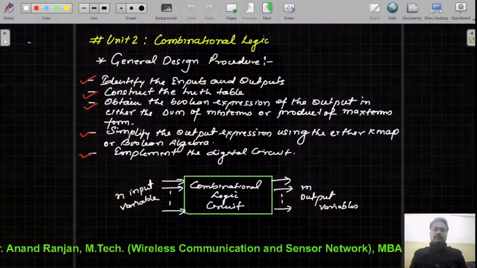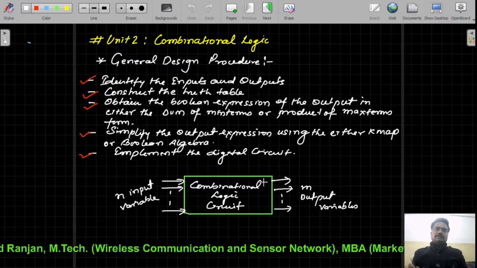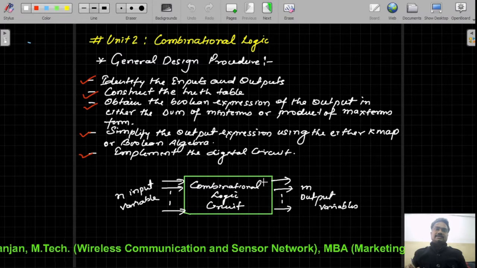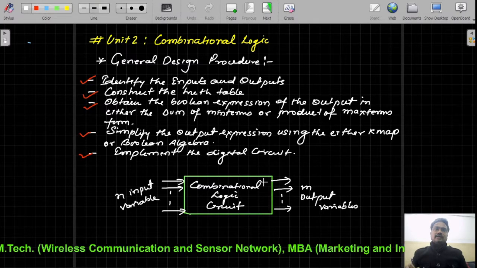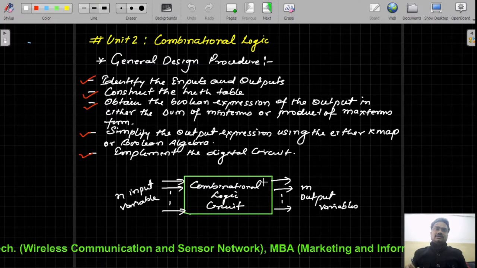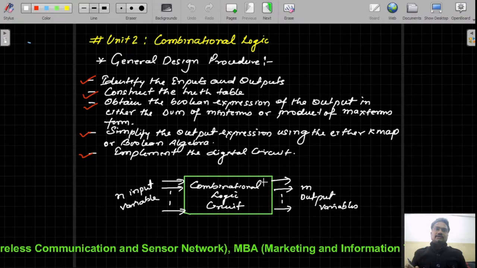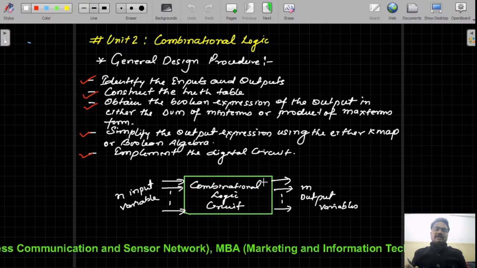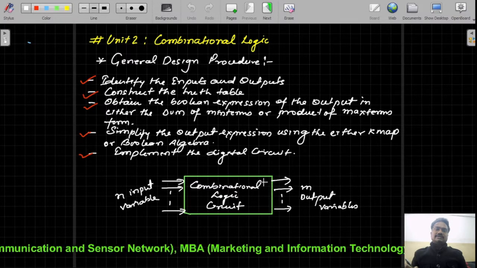In this video, we are going to learn about the combinational circuit design. With this topic, combinational circuit design, we are considering our module 2, and we'll start our discussion with a general procedure of how to design a combinational circuit, and this will help us to understand the upcoming combinational circuit designs.